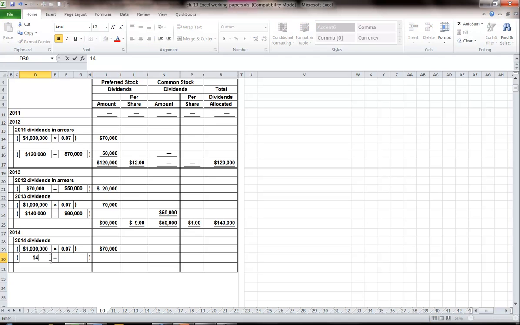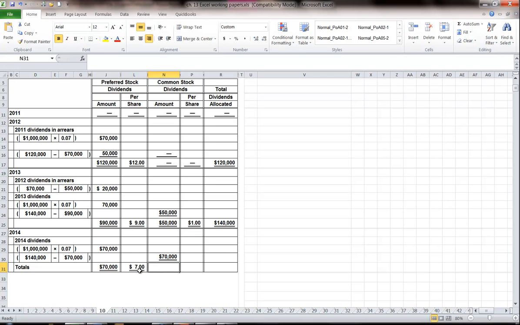So we declared $140,000 in 2014 minus the $70,000 paid out to my preferred stockholders, which means that the other $70,000 will go to our common stockholders. That $70,000 is just a coincidence because it's $140,000 declared minus the $70,000 paid out to our preferred stockholders. So that leaves us with our totals. $70,000 divided by the 10,000 shares outstanding is $7 per share.